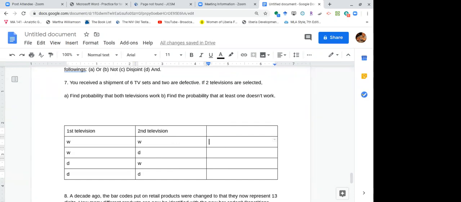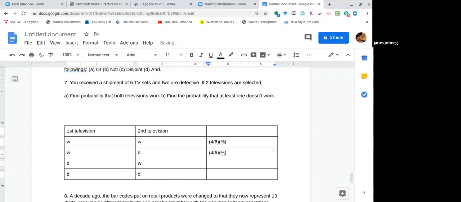So that both work, here you have 4 out of 6 times 3 out of 5, right? Here you have the first television works, so it's 4 out of 6 times the defective ones. Now remember, there's only 2 defectives, so 2 out of 5, right?